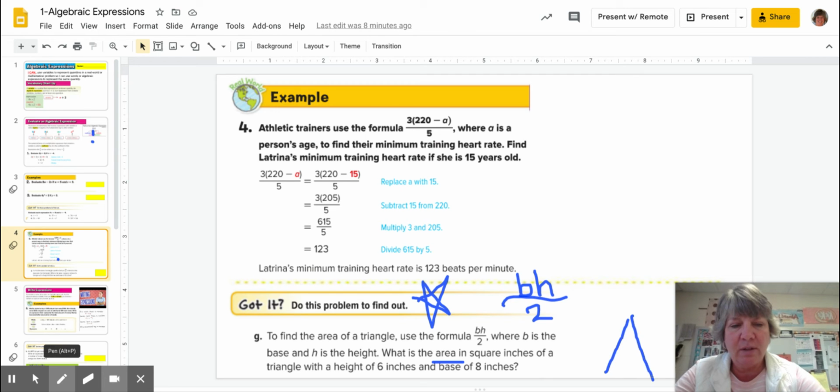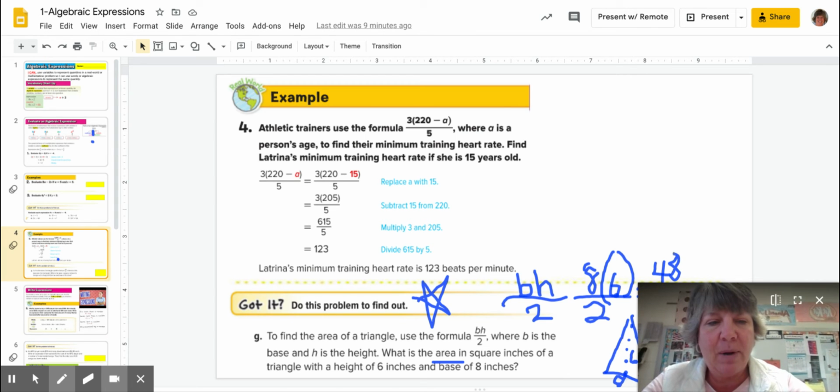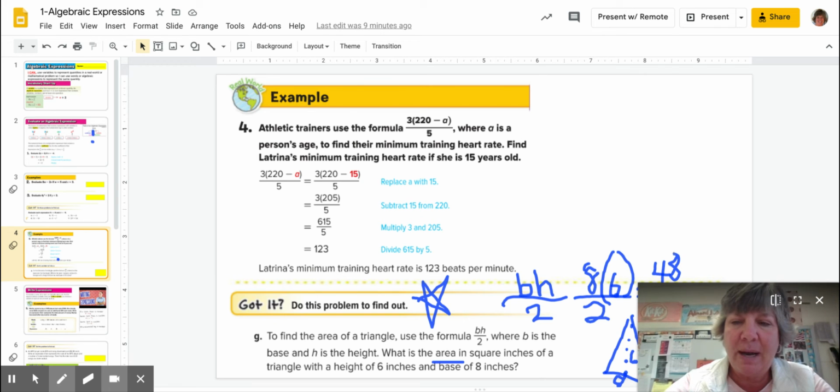Let's draw ourselves a little triangle with a height of 6 inches and a base of 8 inches. Let's just start substituting. The base is 8 next to the height of 6, all divided by 2. 6 times 8 is 48, divided by 2 equals 12.